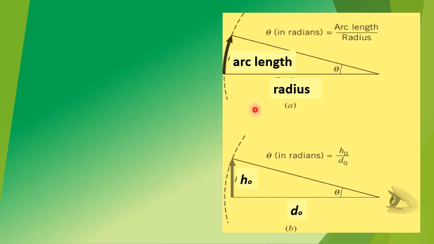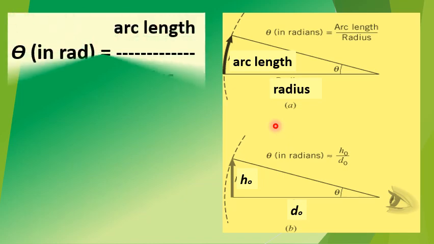In rotational kinematics, we define the angle theta expressed in the unit radian as the ratio of the arc length over the radius.